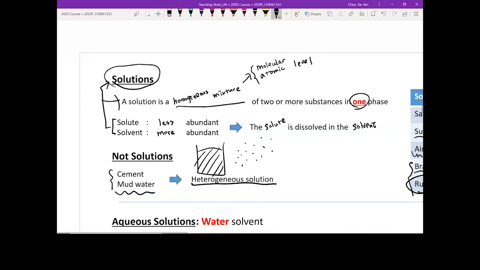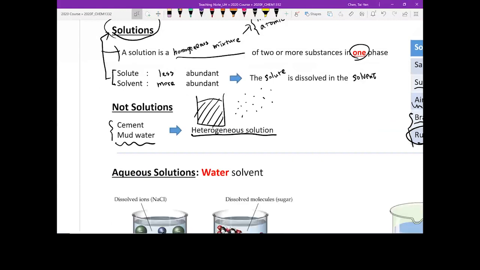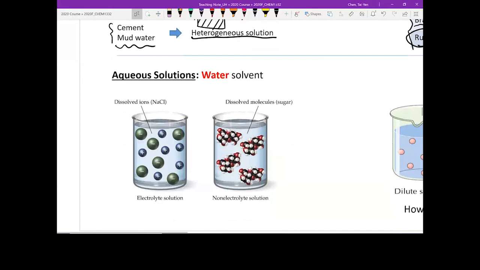So if today I ask you, is a sodium chloride water mixture a solution or not a solution? The answer will be, the sodium chloride aqueous mixture is a solution.